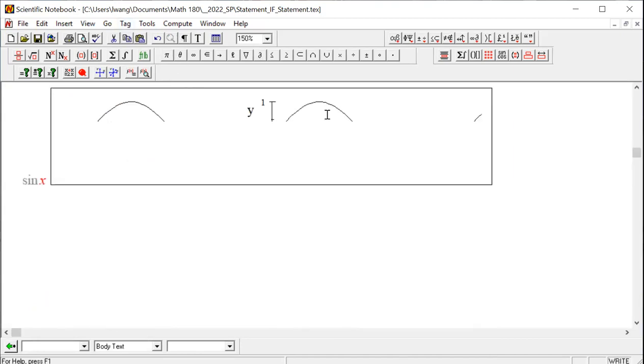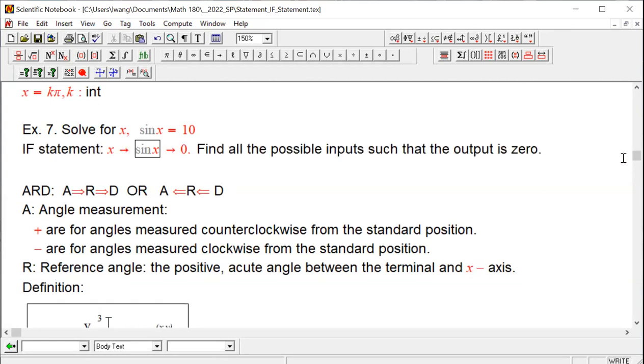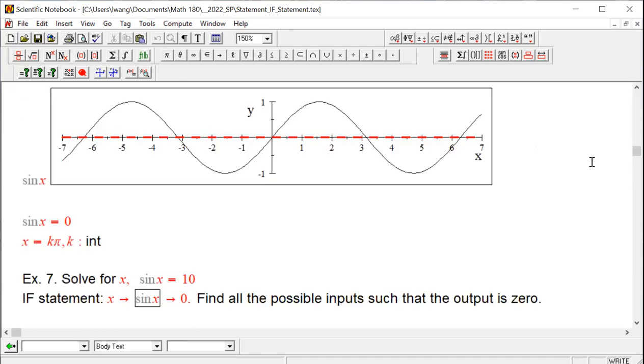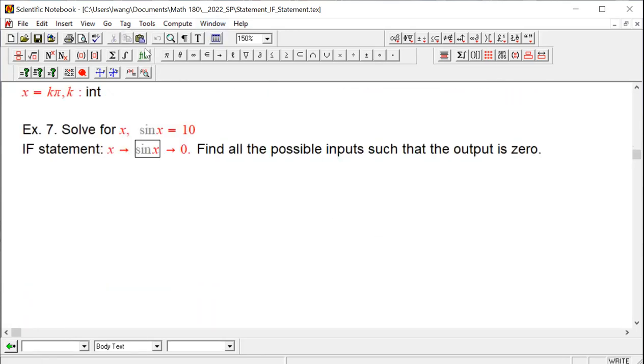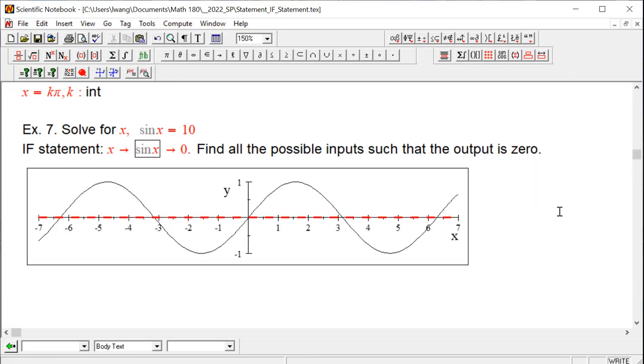If it is still an if statement, everything stays the same. And then if you take that curve and you want to use the same technique, you're going to graph. This time you're going to draw a horizontal line. The horizontal line is y equals 10.